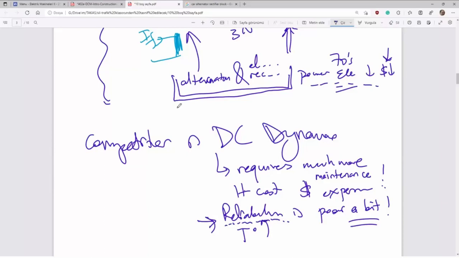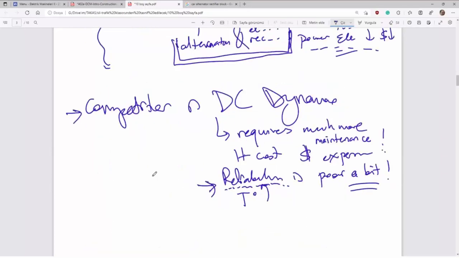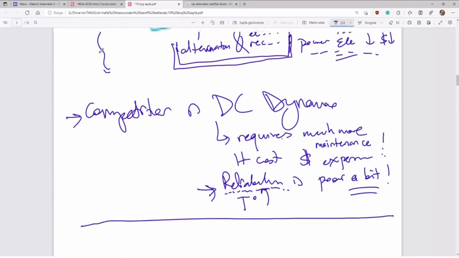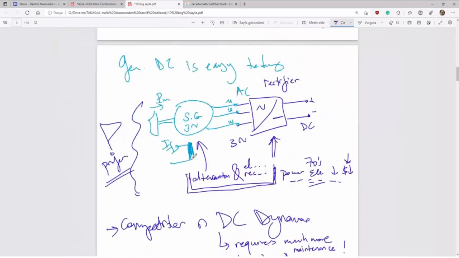But the competitor, alternator and rectifier system, is cheaper than a DC dynamo, requires less maintenance, and is much more reliable. So today we prefer this one. Alternator and rectifier. So dynamo usage is very rare today.